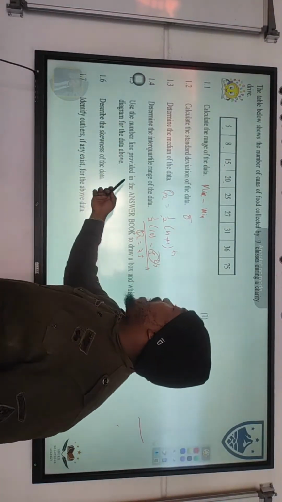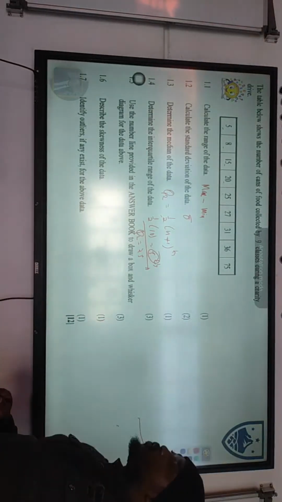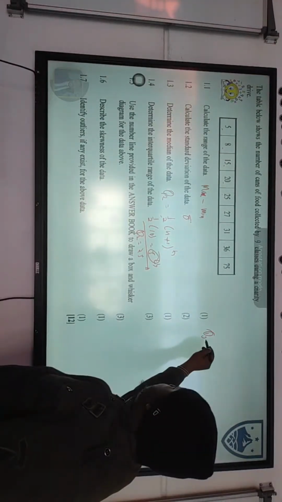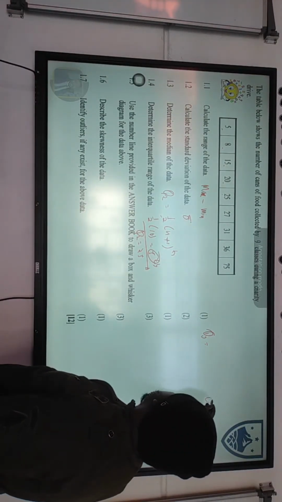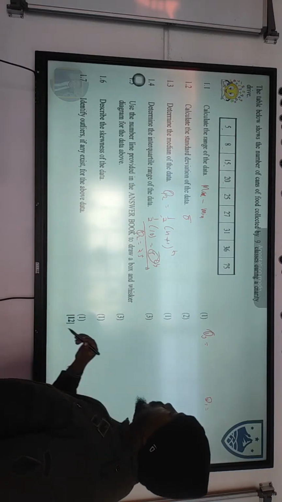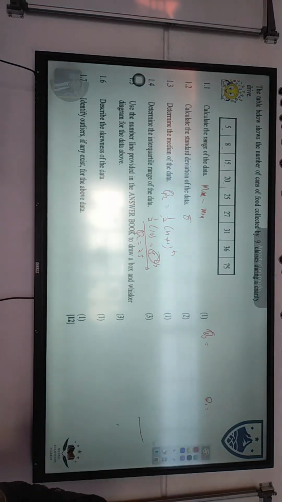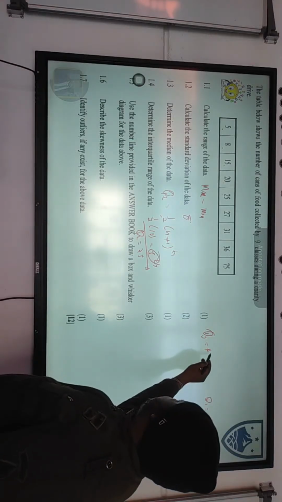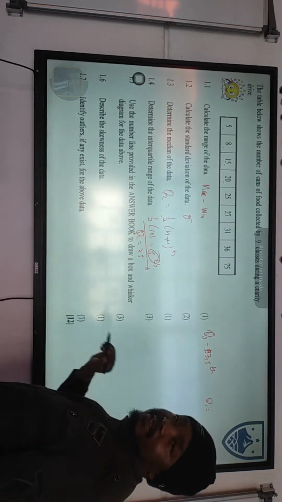Use the number line provided to draw the box and whisker diagram. It means you must go and find Q3. You must also go and find Q1. So Q3 is 43.5, 33.5. This is the position.